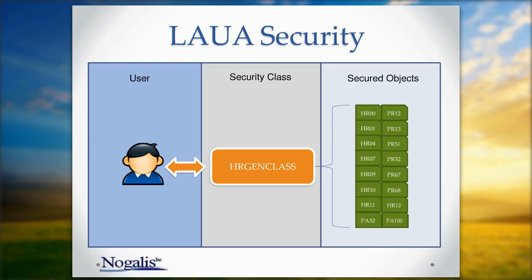That resulted in a number of security classes that became hard to maintain. The other shortcoming of LAUA was that the logic and criteria that were available to us in restricting Martin from specific objects within Lawson weren't very powerful.